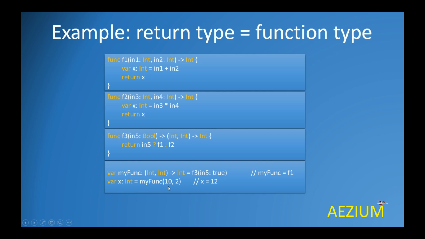So as a result, when we're calling myFunction, we don't know what argument labels are supposed to be used. As a result, we only pass the values to myFunction, and the important thing is that those values have the correct types, and those types are provided by this function type.